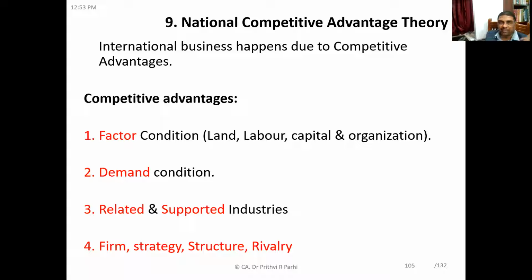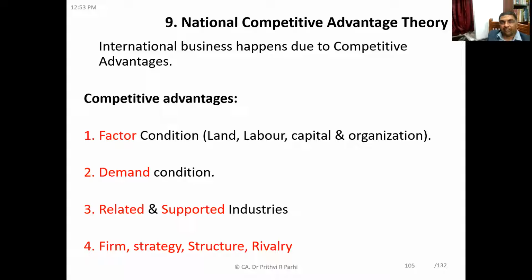These competitive advantages may come from various factors. Okay, like factor conditions. One country might have competitive advantages as regards land, labor, capital, organization. The factor conditions of factors of production might be abundantly available in some country. That becomes a competitive advantage for a country.